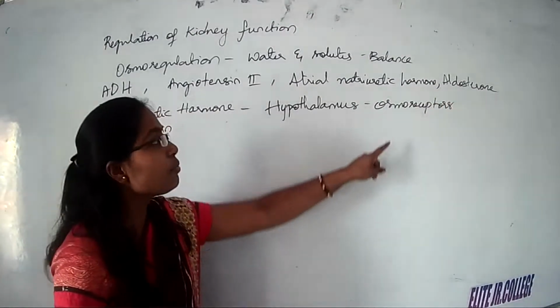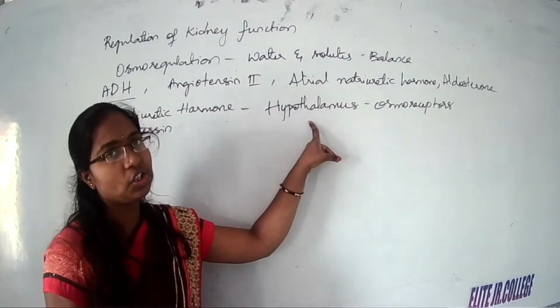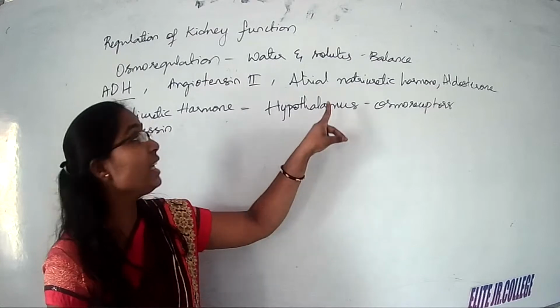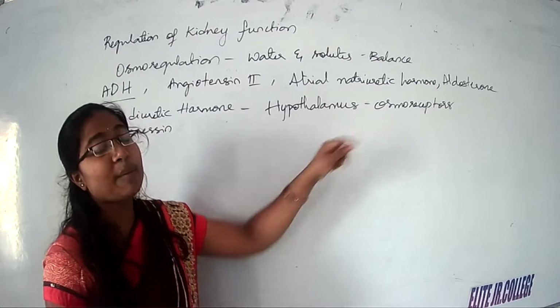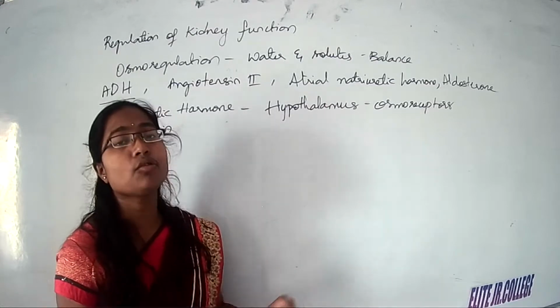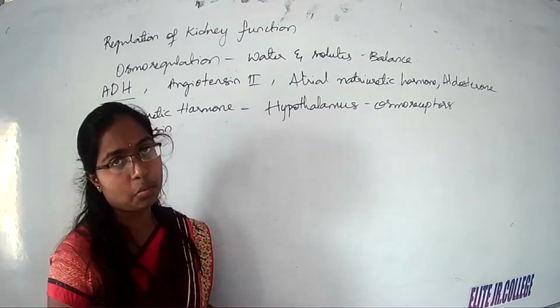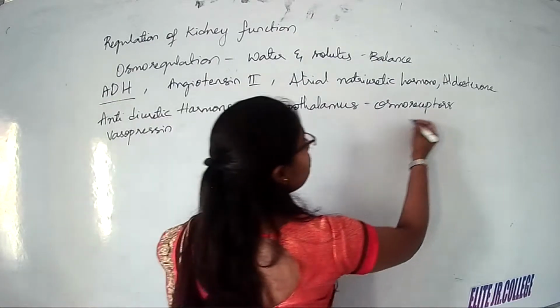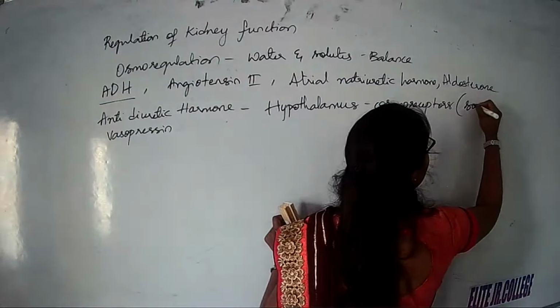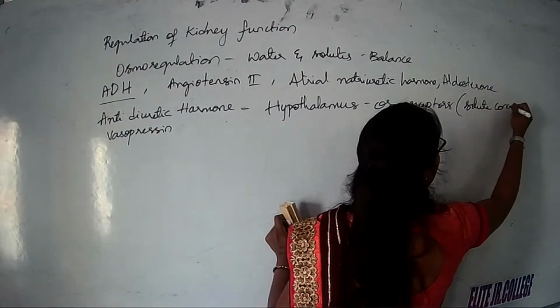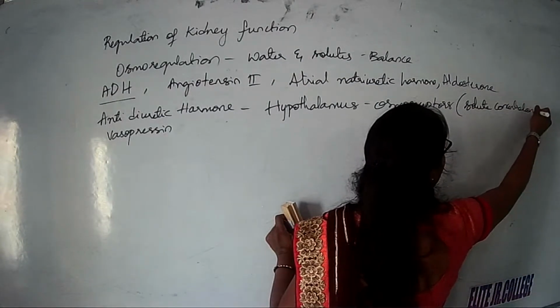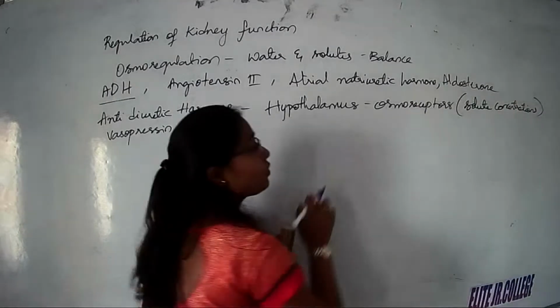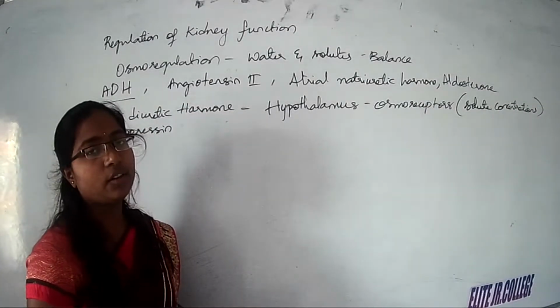These osmoreceptors in the hypothalamus are highly sensitive to solute concentrations in our body.